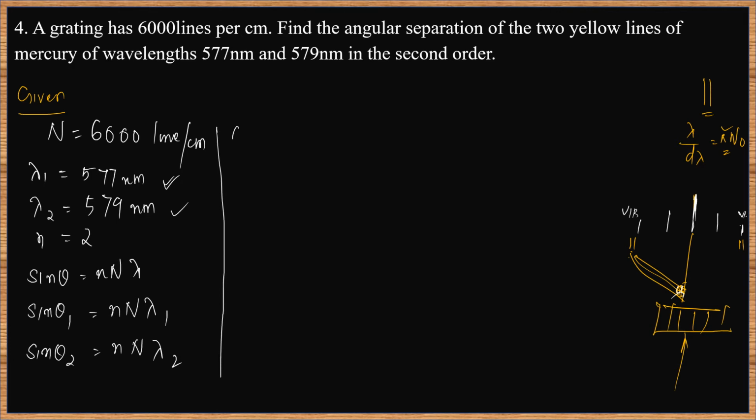If we calculate that, theta 1 is equal to sine inverse of 2 into 6000 lines per centimeter, that is 6000 raised to 2, into 577 nanometer, 10 raised to minus 9.